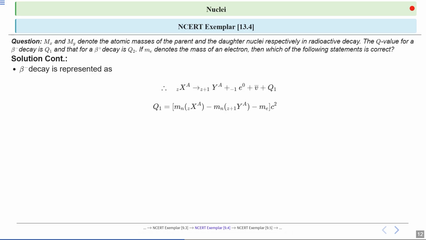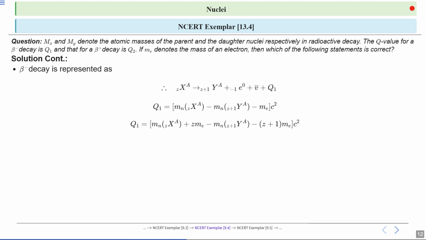The equation is Q1 equal to Mn, that is the mass of nucleons of parent nucleus X, minus the mass of nucleons of daughter nucleus Y, minus Me, the mass of electron, multiplied by C square. This shows energy released from the mass difference of parent and daughter nuclei minus the electron mass.